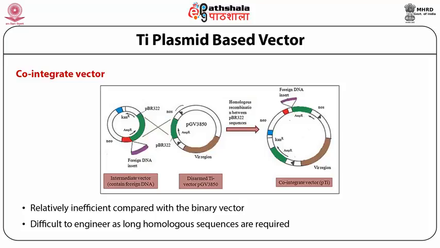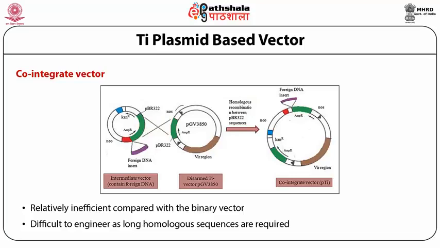This smaller vector also contains a marker gene, the ampicillin resistance gene, as well as pBR322 vector sequences. After construction, that is, after transferring a foreign gene into it, this smaller vector is transformed into Agrobacterial cells.